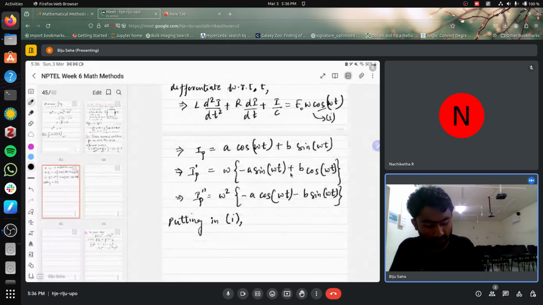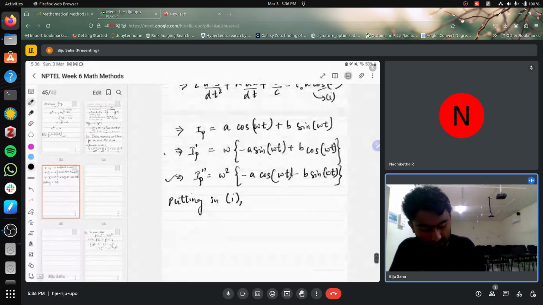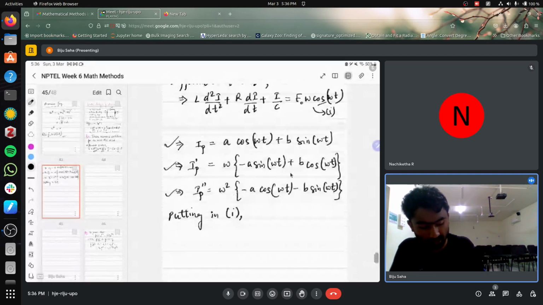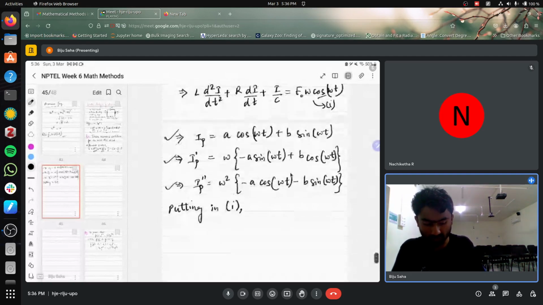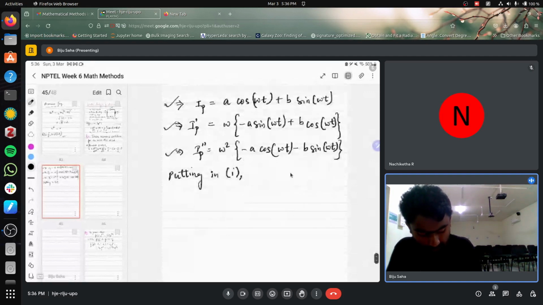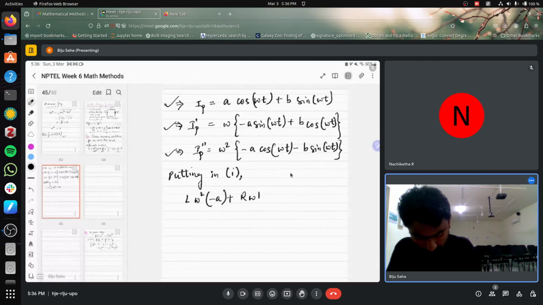After putting this and this here and equating the coefficient of cosine, what we get is this.